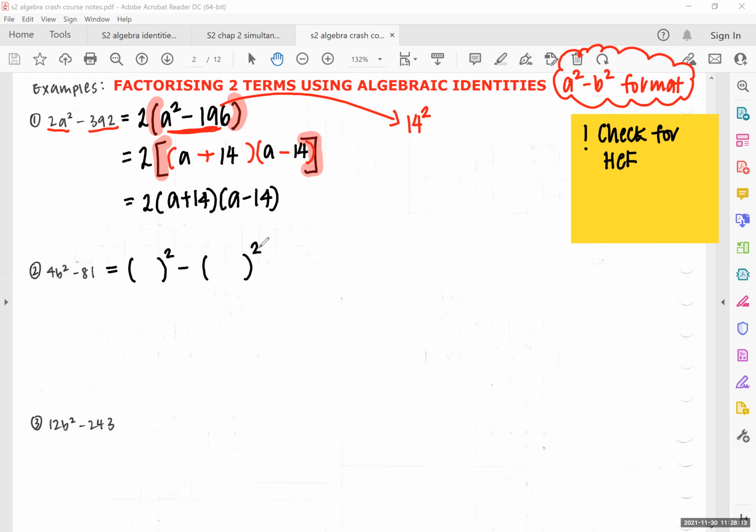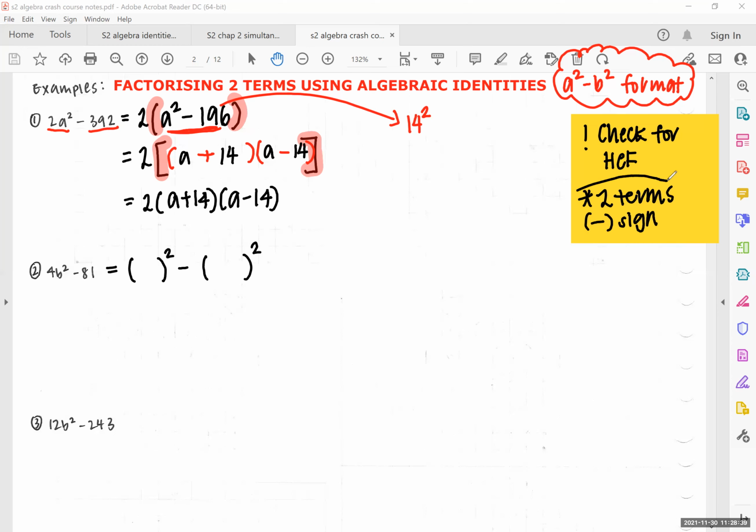So understand? When we were in set 1, we don't have this kind of thing. Remember, whenever it's 2 terms, it's very straightforward. You just take out the common term. But now you are in set 2, whenever it's 2 terms, you must be very careful. I repeat again, listen. When it's 2 terms, and in between the 2 terms there is a negative sign, you need to be very careful already.